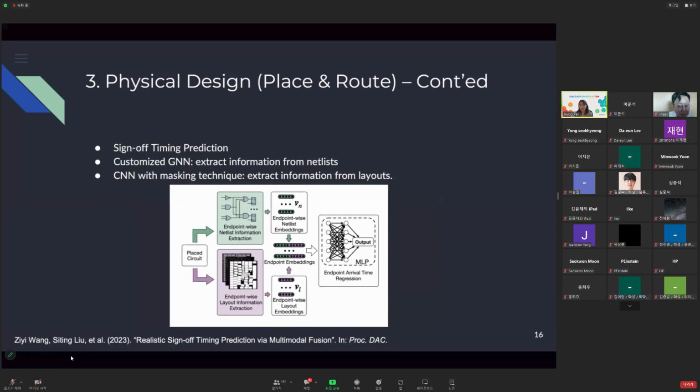So timing means, as I mentioned, there will be something like 10 to the power of 9 bits within a second. So the signal electrons need to reach from a certain point to another point within that small time slot. So 1 nanosecond, actually 4 gigahertz, that means about 250 picoseconds, right?